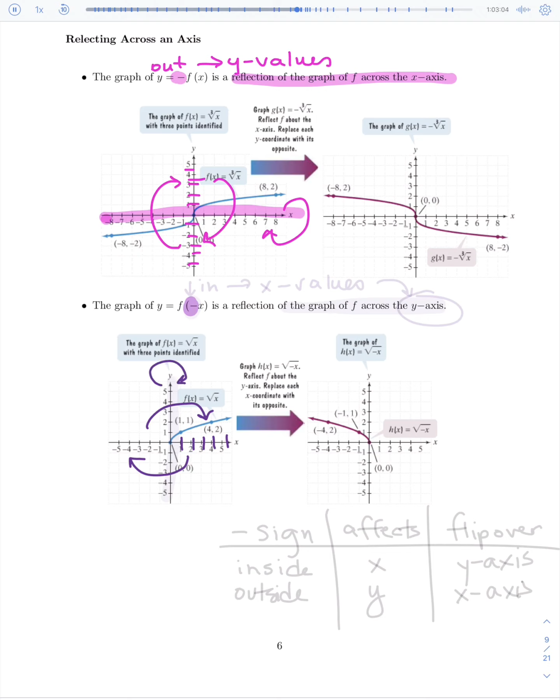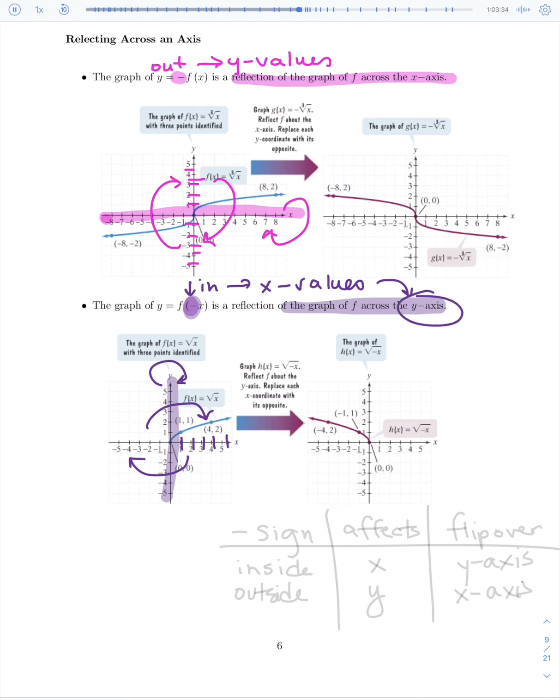So you'd be flipping left or right across the y-axis, even though you're changing the sign on the x values. So be careful. If you're on the inside, you're negative. That means you're going to affect the x values, and when you affect the x values, you flip over the y-axis.